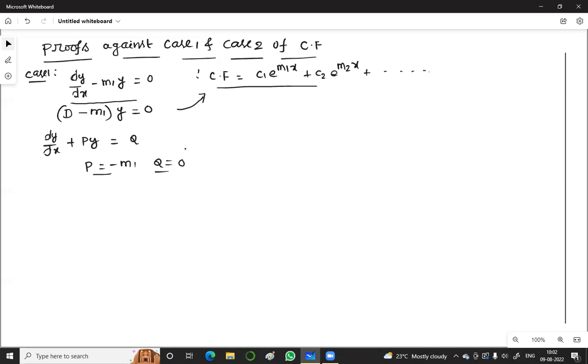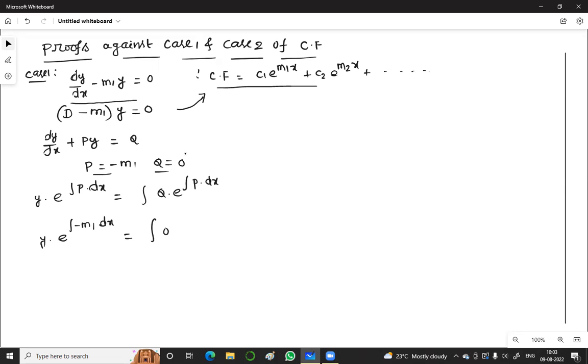So what is the solution from the Leibniz linear equation? y into e to the power integration of p dx is equal to integration of q into e to the power integration of p dx. So y into e to the power integration of minus m1 dx is equal to the integration of q, which is anyhow 0.